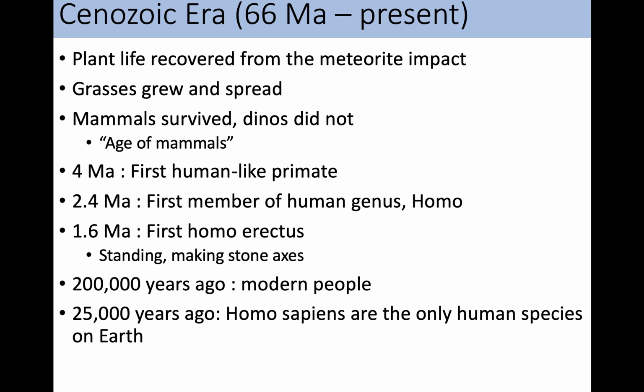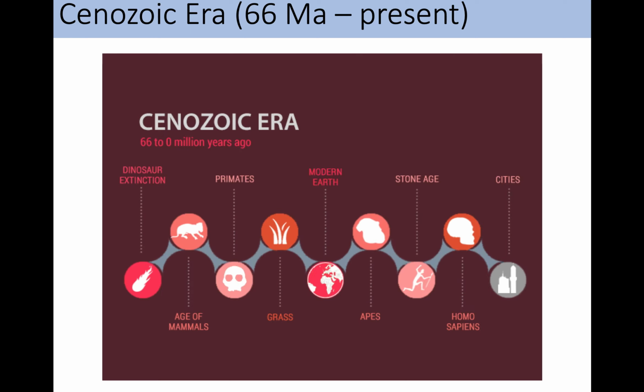Similar to us, there were actually 3 species of humans to begin with. 2 of them died out, and by 25,000 years ago, Homo sapiens, so what we are now, were the only human species left on Earth.